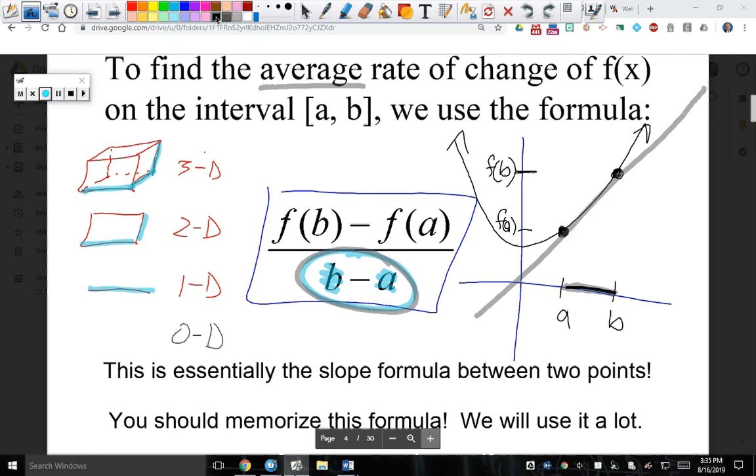If this is A, f of A, and this is B, f of B, which is that slope right here, but I want to know what is the slope, or the instantaneous rate of change, at A. You with me? I'm trying to find out what's the slope at A.